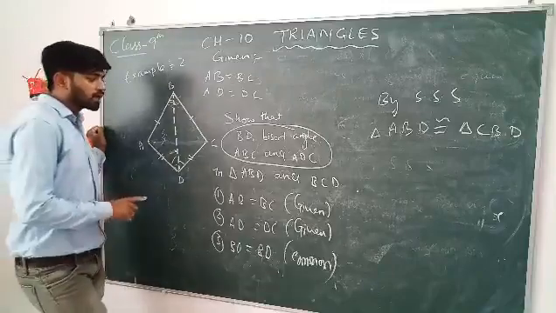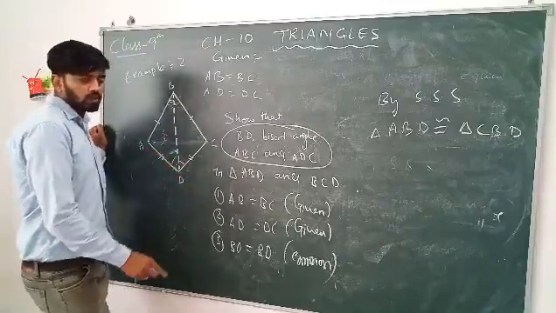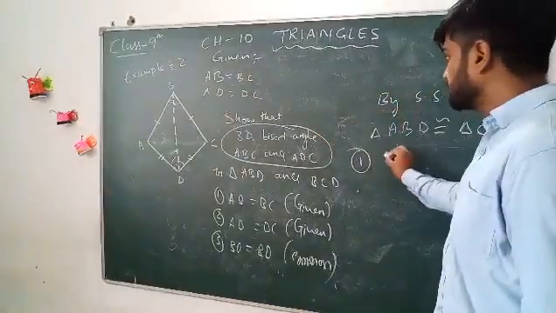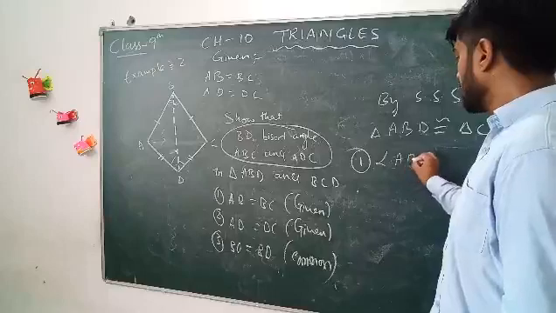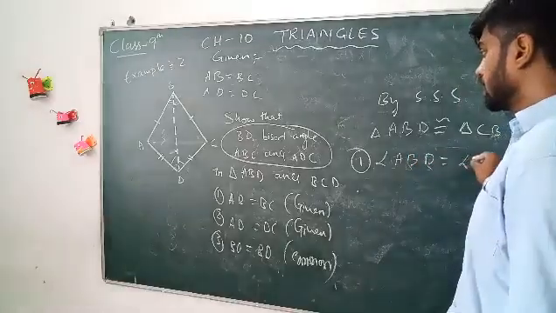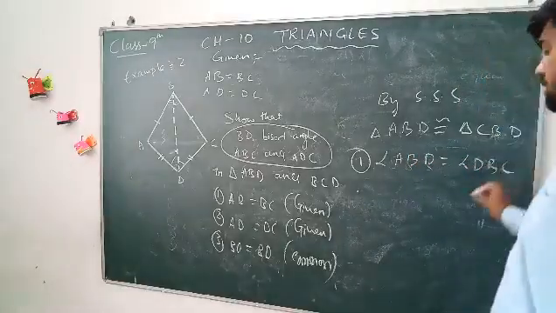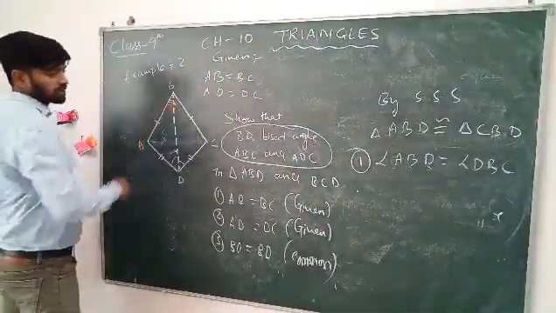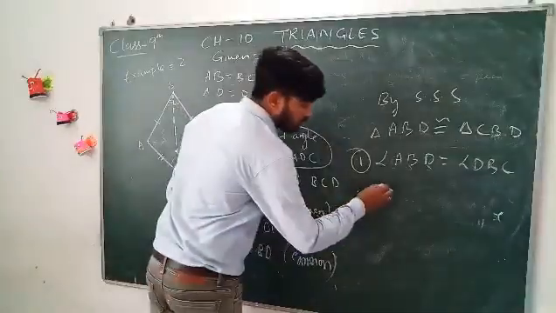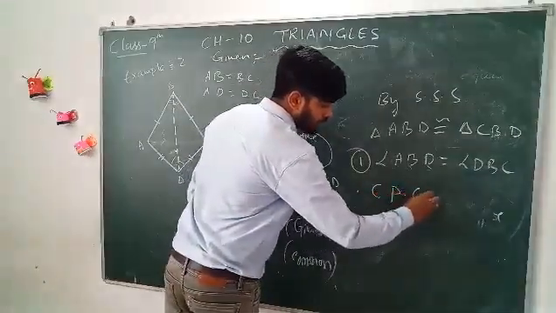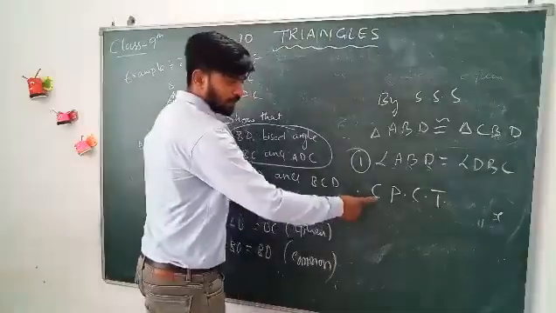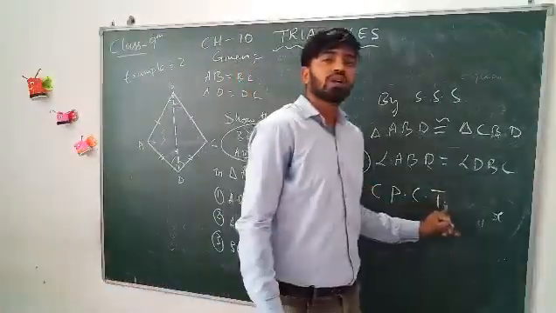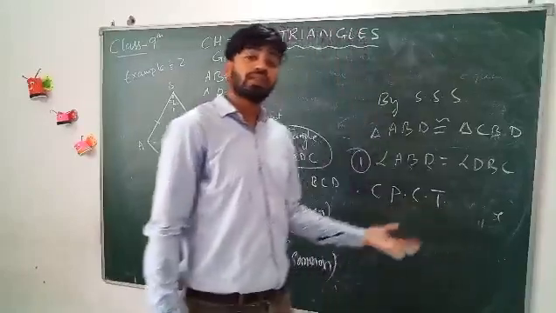Whenever I have to prove something like this, first prove these two triangles congruent, then in the end you can write that angle ABD is equal to angle DBC. Which is trying to say this angle equals to this. By which rule? CPCT. Corresponding parts of congruent triangles are always equal.